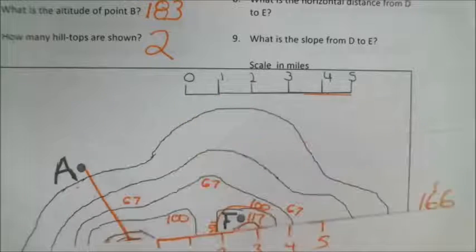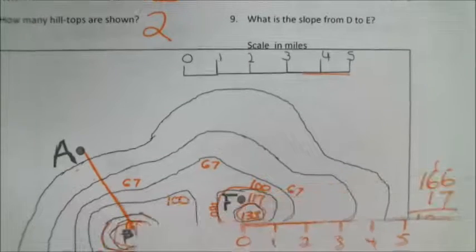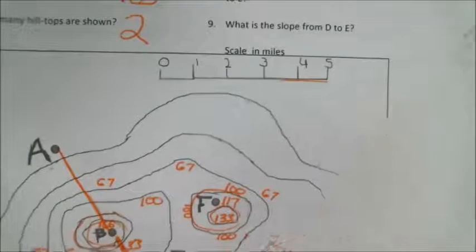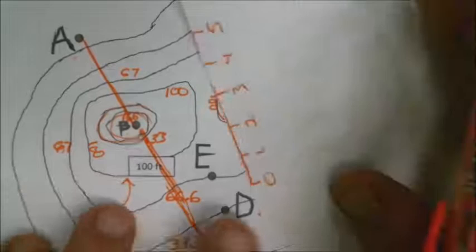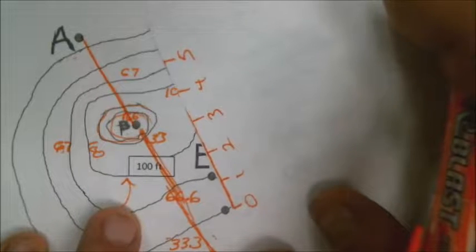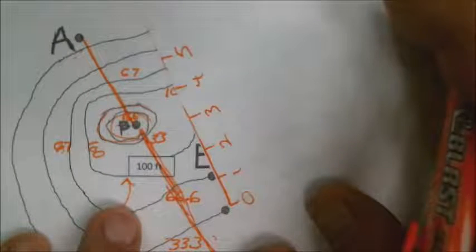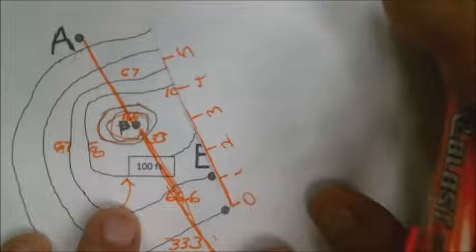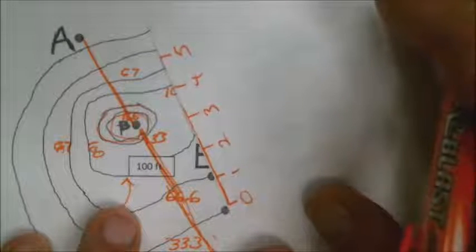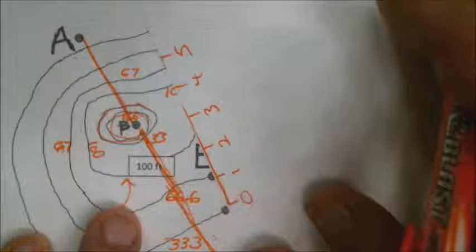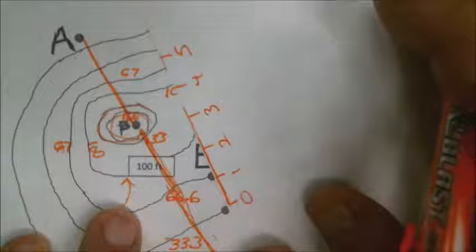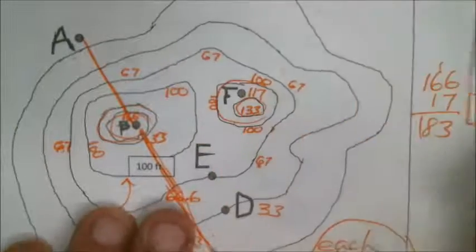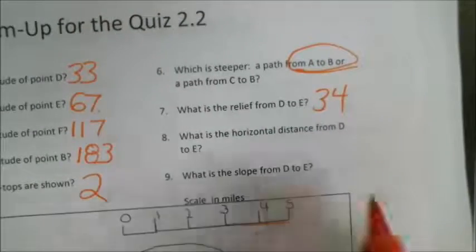And now I'm going to use this version of it to line up from D to E. And I would call that just 1 mile. It's a smidgen longer, but it's nowhere near 1.5. It's definitely closer to 1 than 1.5. So from D to E, we're going to call that horizontal distance 1 mile.